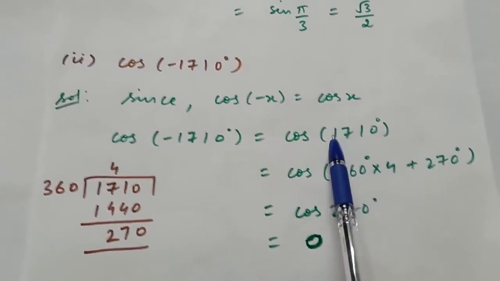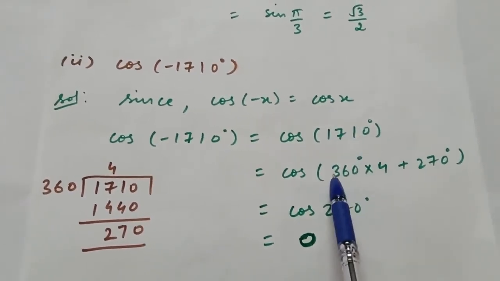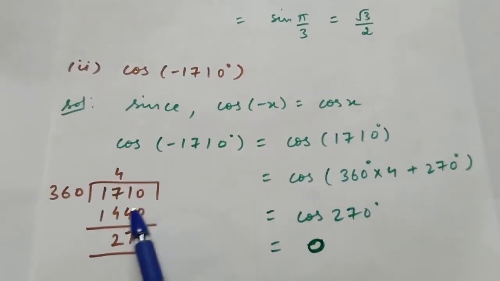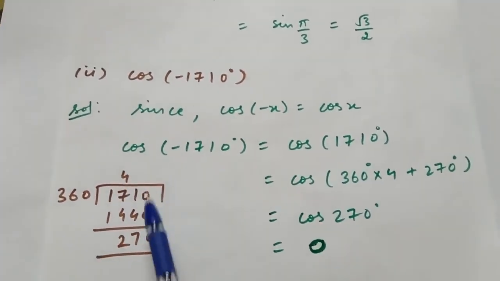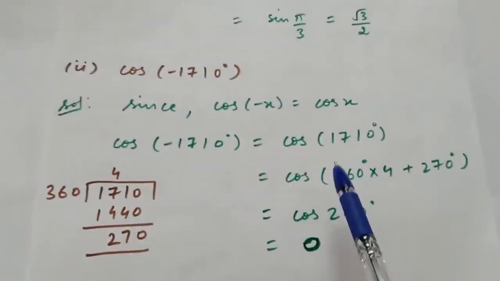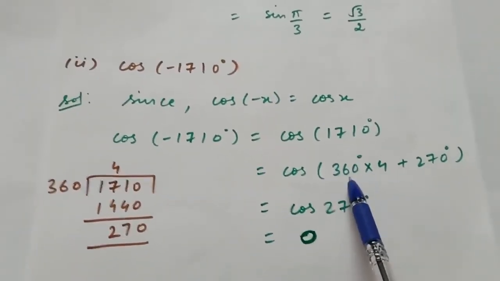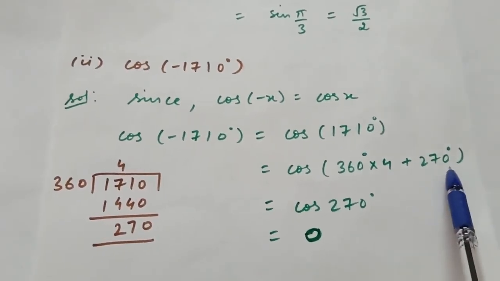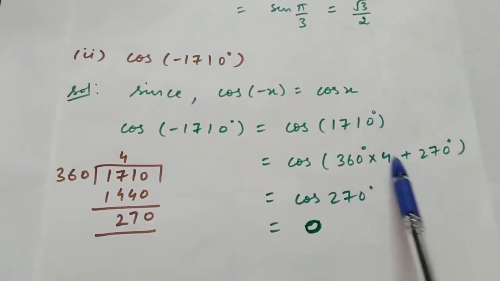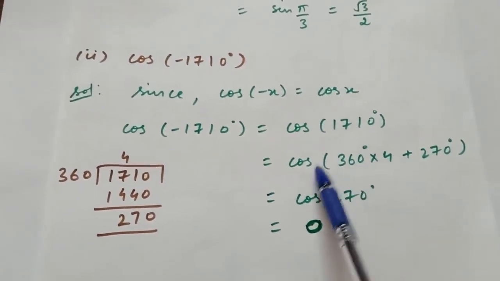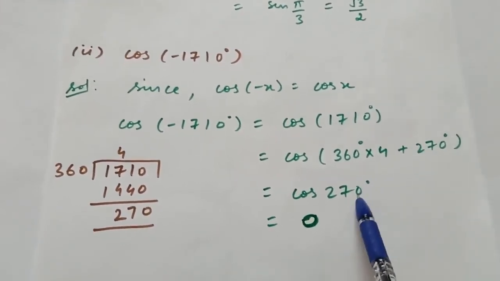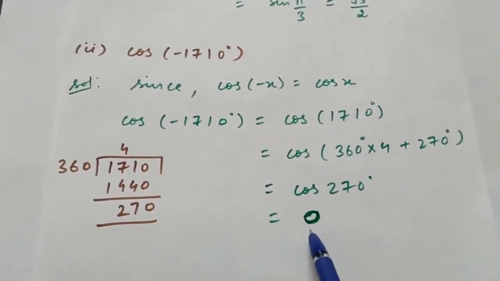Now, because we want to write it as a multiple of 360 plus the remainder, dividing this by 360, you will get 4 and the remainder will be 270. So we can write this as cos of 360 into 4 plus 270, which is cos 270, because now this is a multiple of 2 pi. So cos of a multiple of 2 pi plus x will be nothing but cos x, and cos 270 is 0.